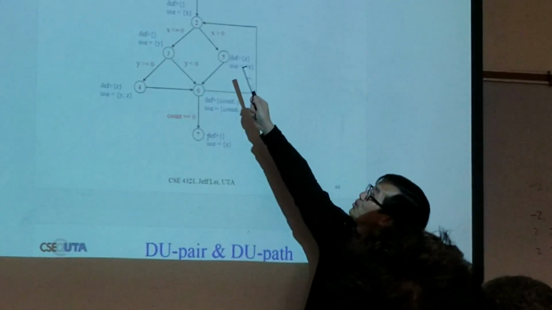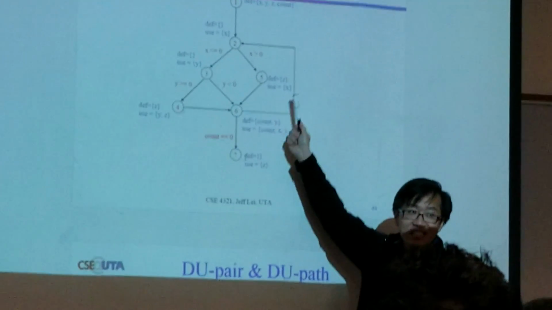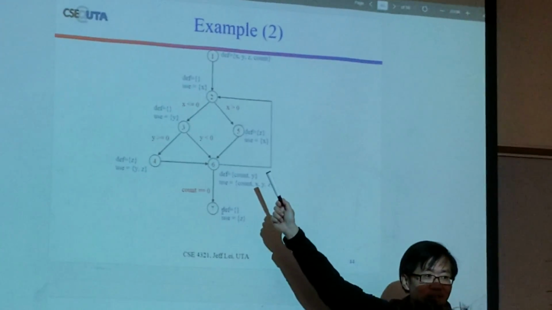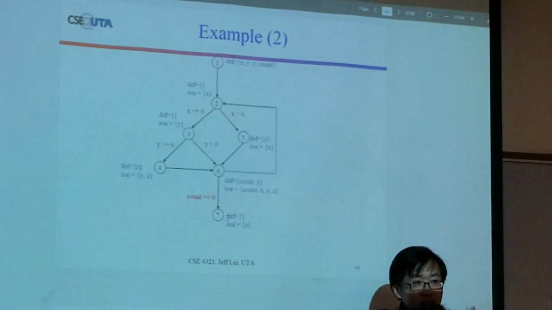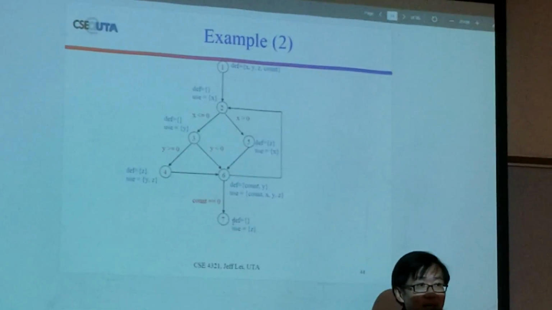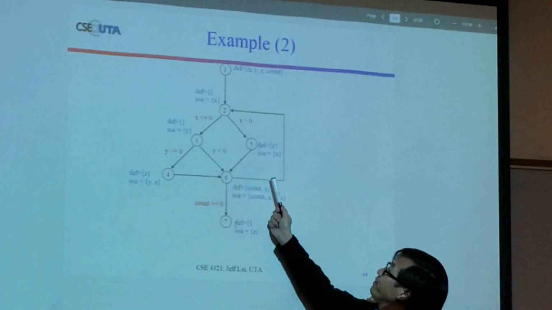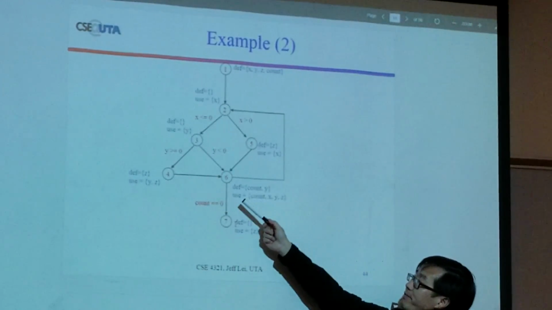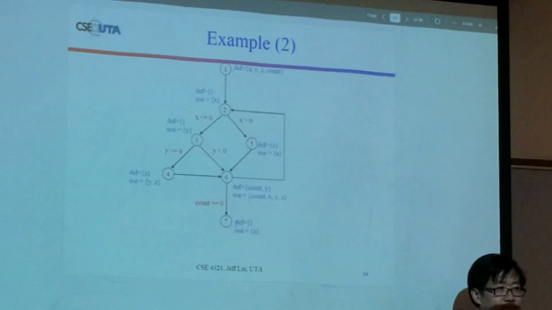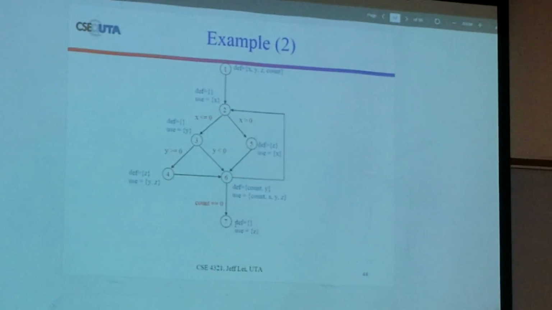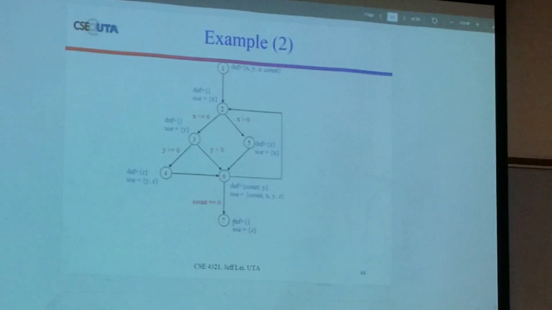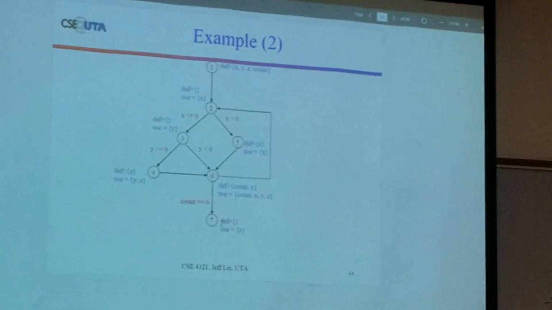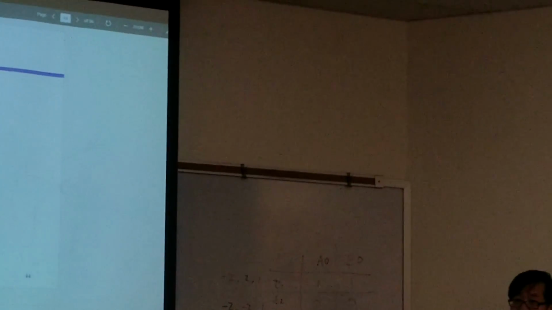The last test case would be 1, 2, 5, because this edge, the back edge, has not been tested yet. That is why count equals 2 in the last test case. It's going to be 1, 2, 5, 6, go back to 2, and then 5, 6, 7. So if you check the execution of the 4 test cases, you do cover every branch in the control flow graph, but you cannot detect this problem.